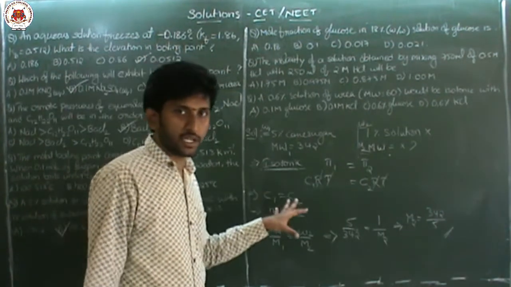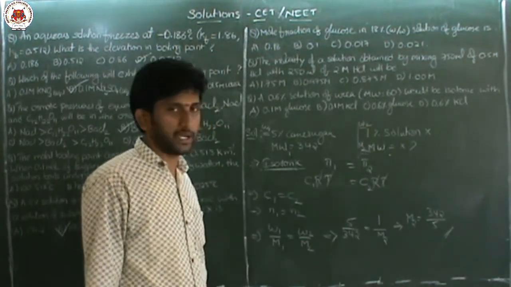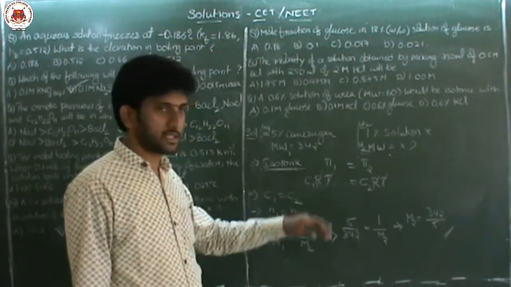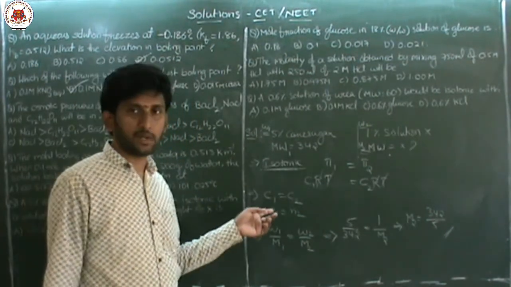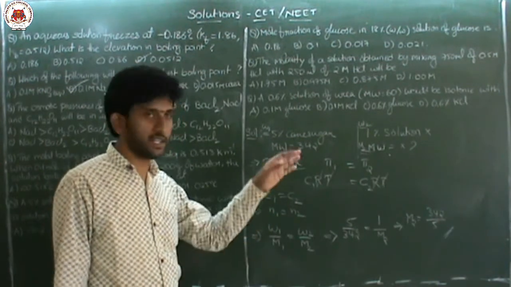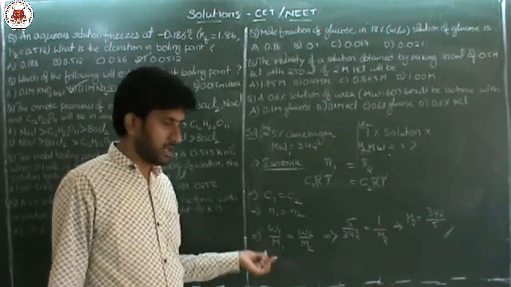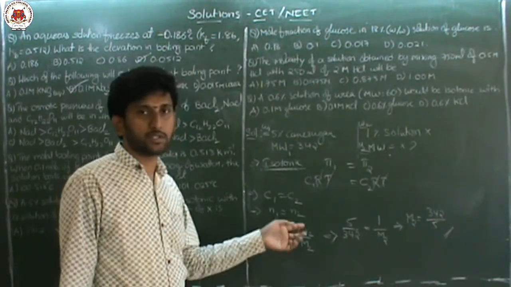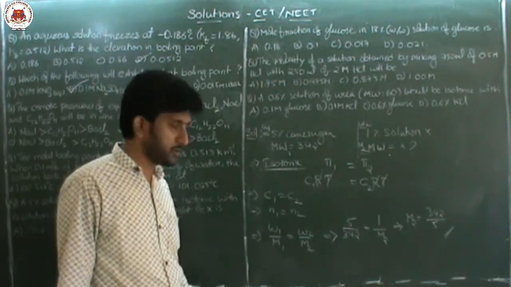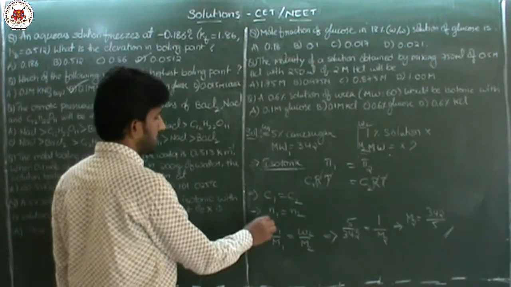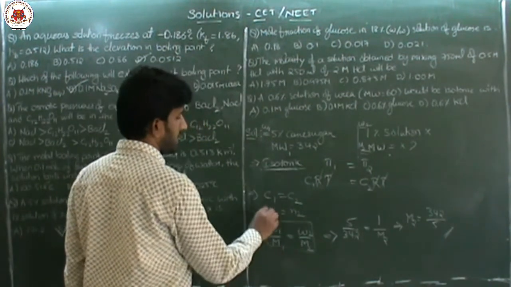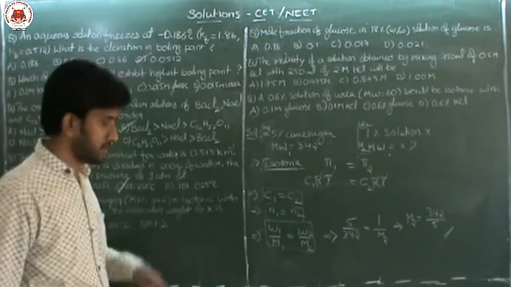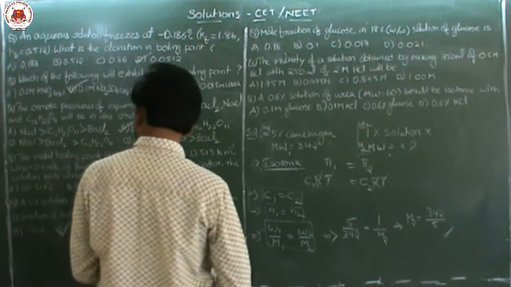Under isotonic condition, pi 1 must be equal to pi 2. R is common, T is common. What is different? Concentration, meaning number of moles per liter. Per liter calculation is the same, so what differs is moles, n1 and n2. That is, W1 by M1 is equal to W2 by M2 for isotonic condition. Okay? Right. Next question.